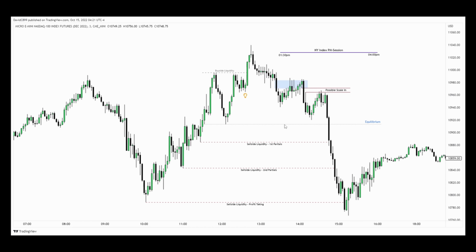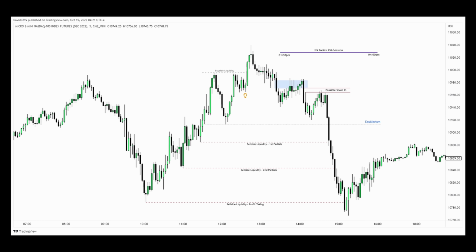This line here is the equilibrium price point, which determines a premium market and a discount market. We are determining the equilibrium price point from this low to this high. So this is the trading range we are working within, and this is the midpoint of this trading range.